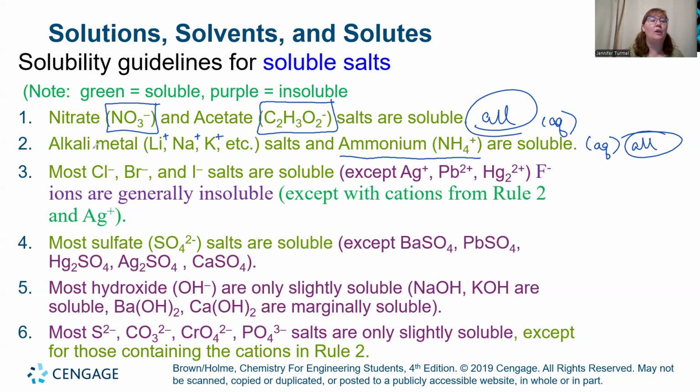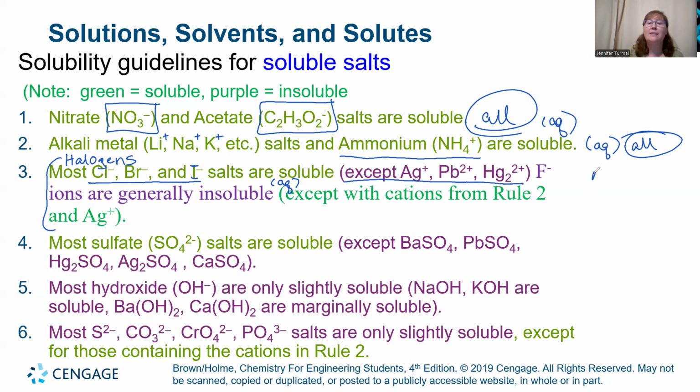Now we have our halogens. So these right here are our halogens. Now, chloride, bromide, and iodide salts are soluble, which means that they're going to be aqueous, except with these.